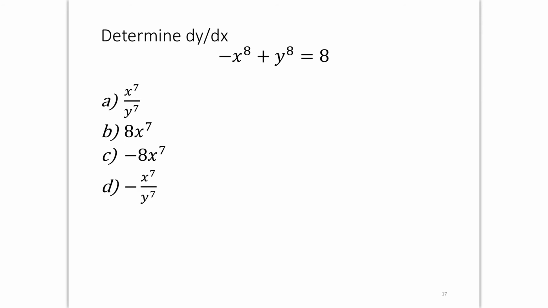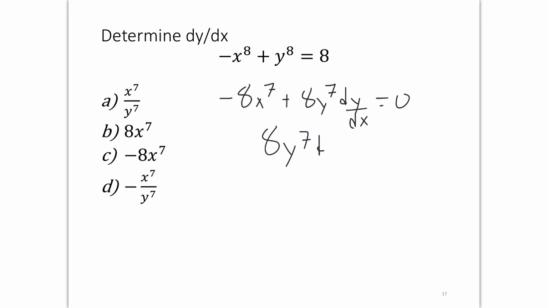So hopefully you've given it a try. I'll work out the solution here. You get negative 8x to the 7 plus 8y to the 7 dy/dx equals 0. Move that negative 8x to the 7 to the other side, giving you 8y to the 7 dy/dx equals 8x to the 7.